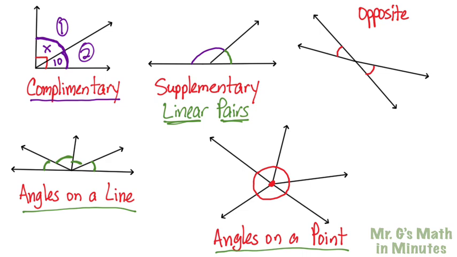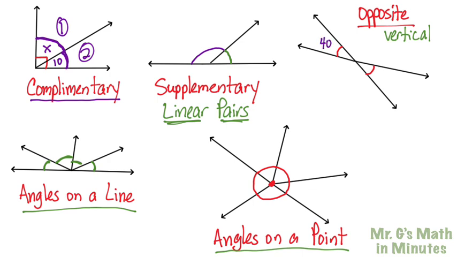And then the last one we have here is opposite angles. Opposite angles are formed when lines intersect. Anytime you have two lines that intersect, you can see that you have opposite angles. Opposite angles face opposite directions. They're also sometimes called vertical angles. And the most important thing about them is that they are equal to each other.